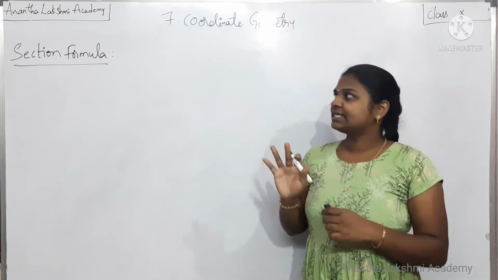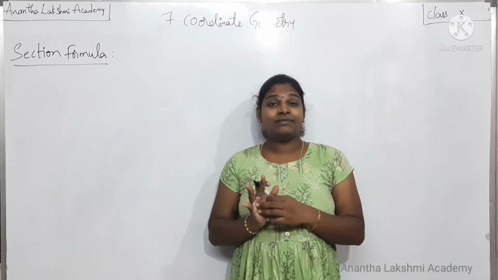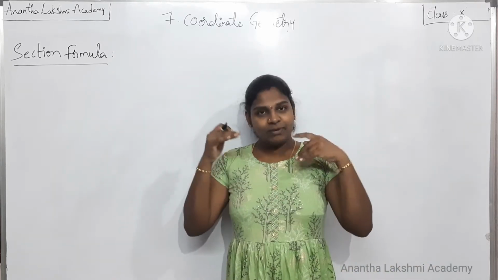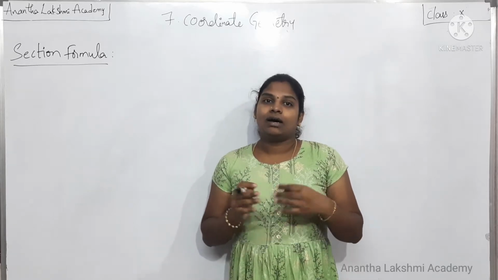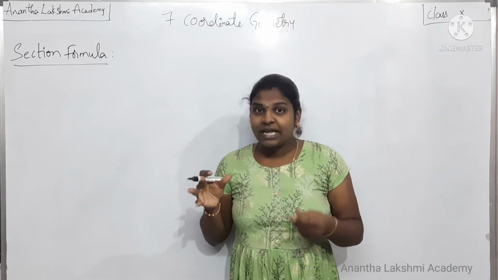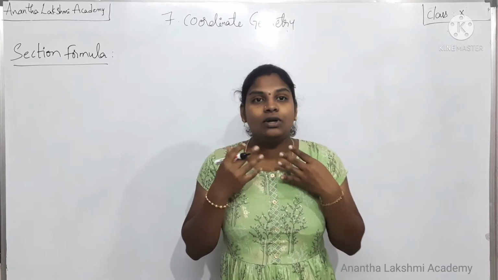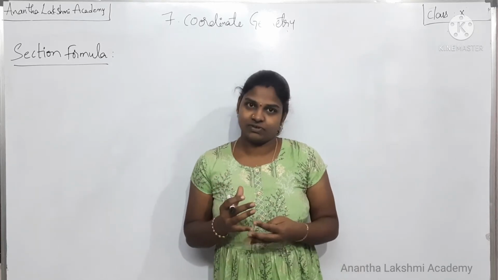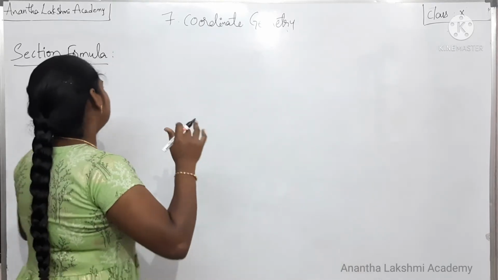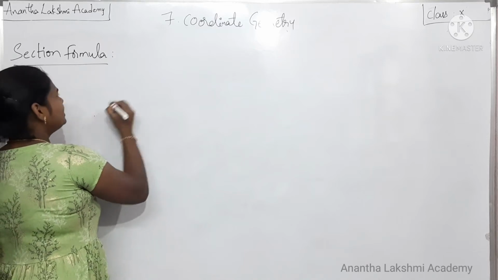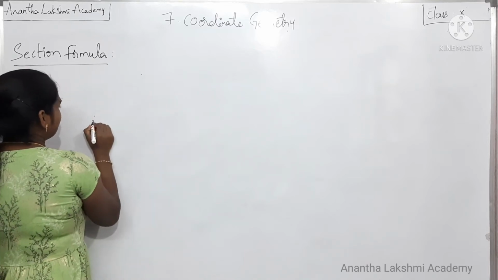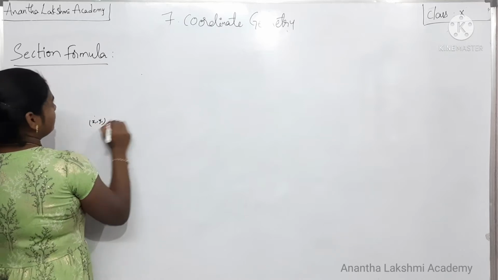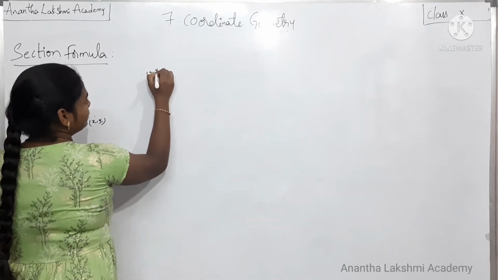Alright, so what are we going to deal with in section formula? Even before getting to know what the section formula is, let me tell you what is called a section first of all. Let us consider 2 points. One is x1 y1 and the other is x2 y2.